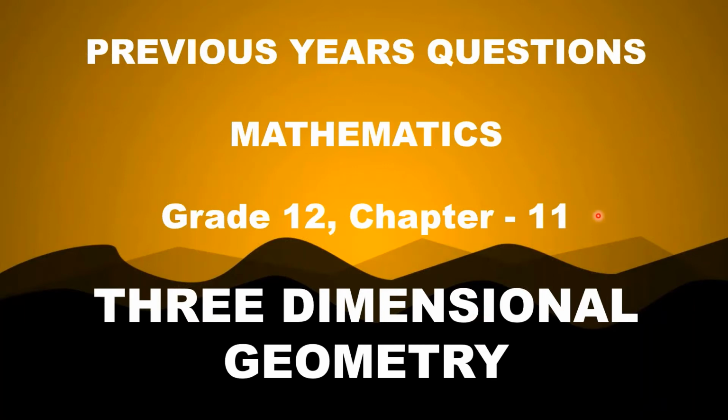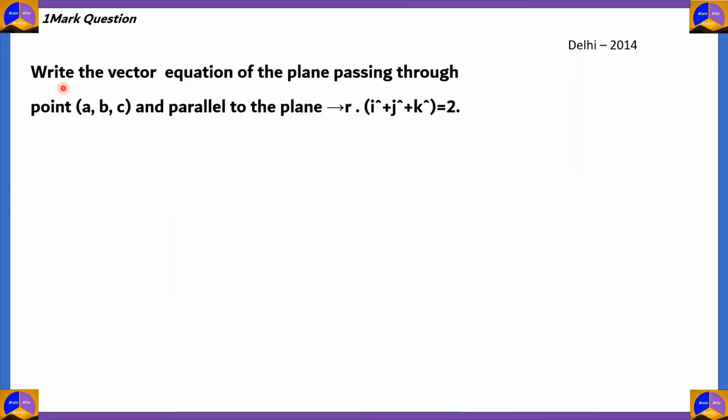Let's begin with the first question. Write the vector equation of the plane passing through the point (a, b, c) and parallel to the plane vector r dot (i + j + k) is equal to 2.